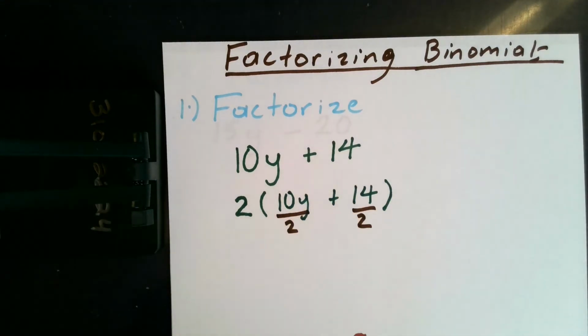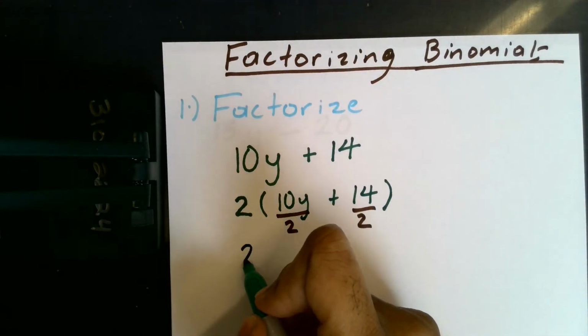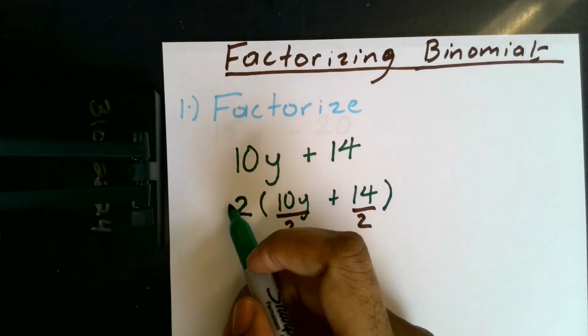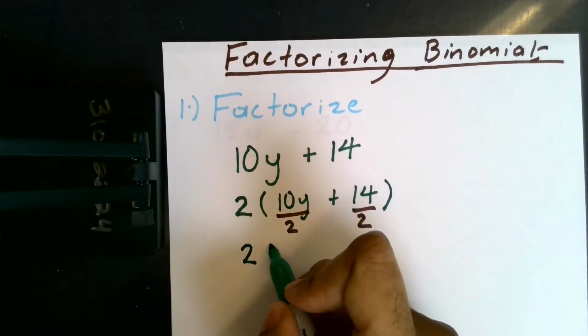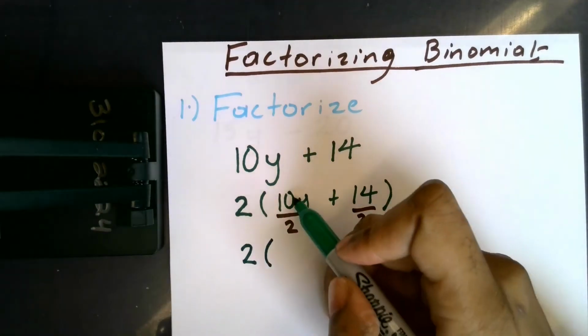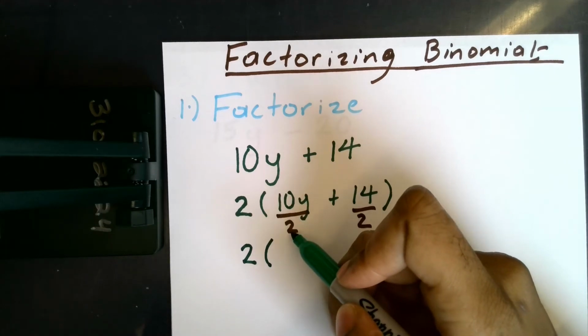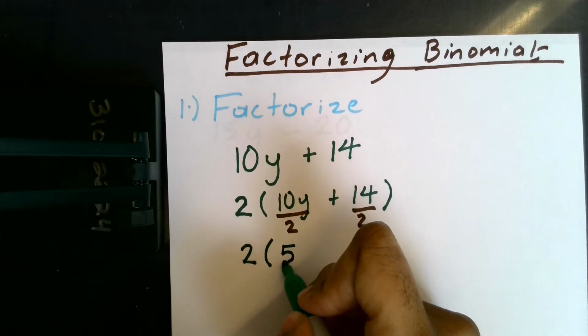So our answer is 2. Our 2 is the GCF that we got from up here. Then we say 10 divided by 2, which is 5.